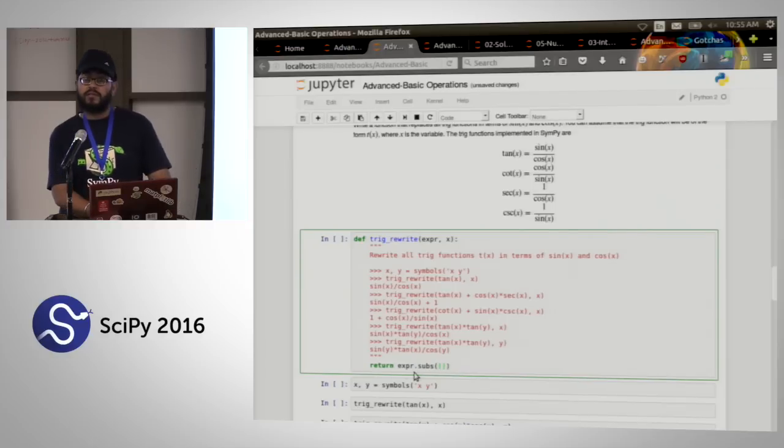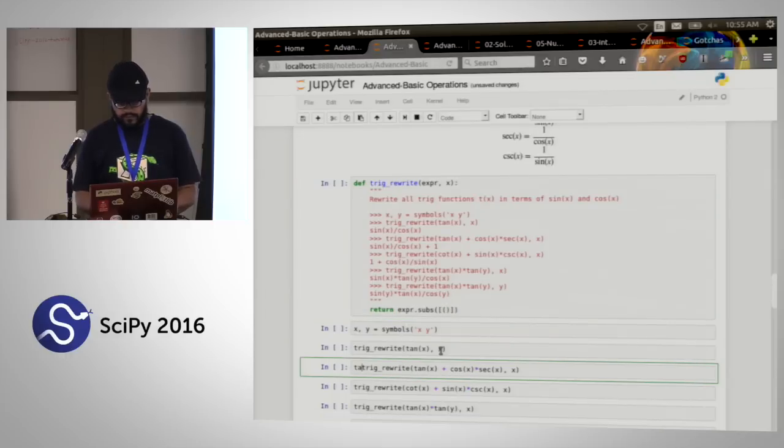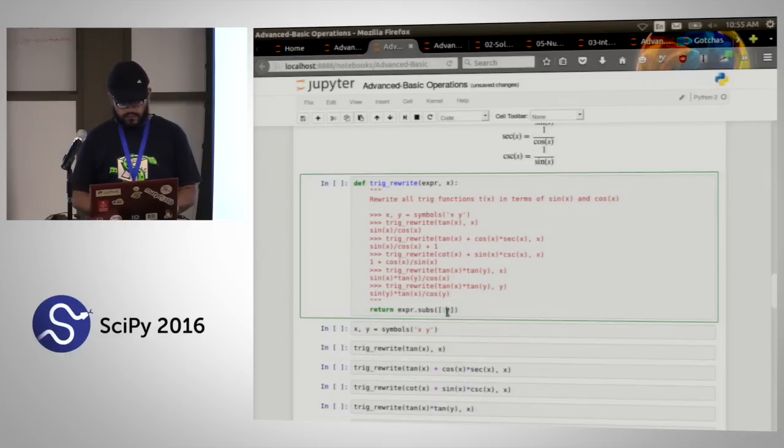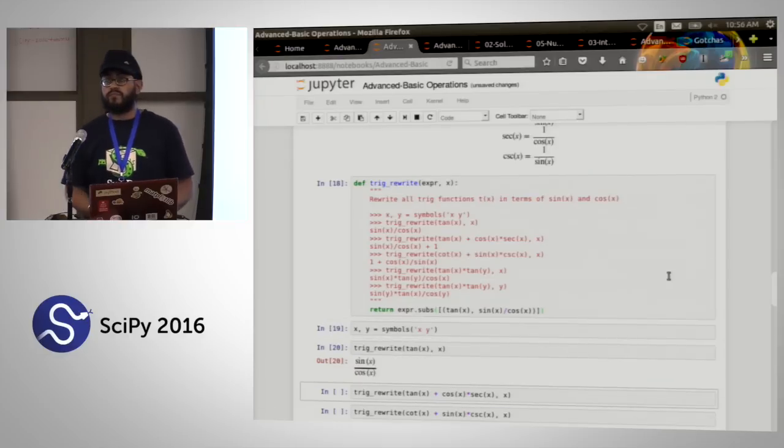Other than a dictionary, subs can also take a list of tuples, say replace tan x with... that works.